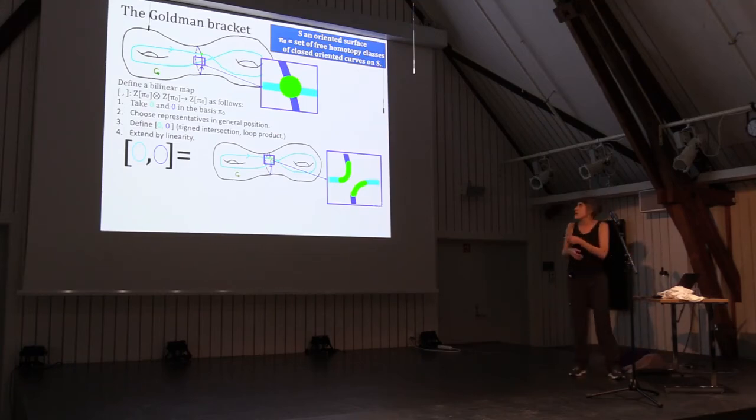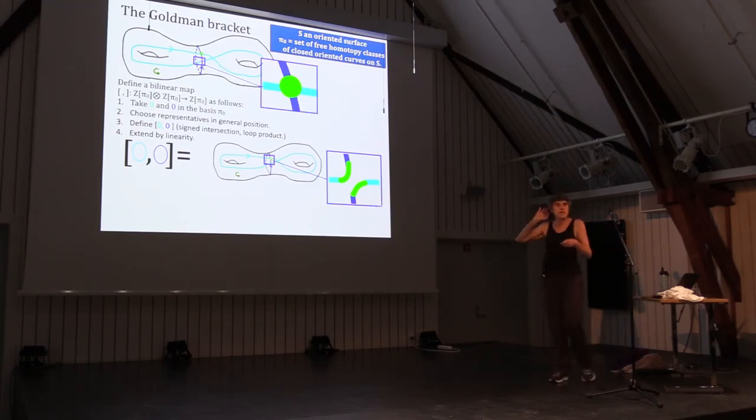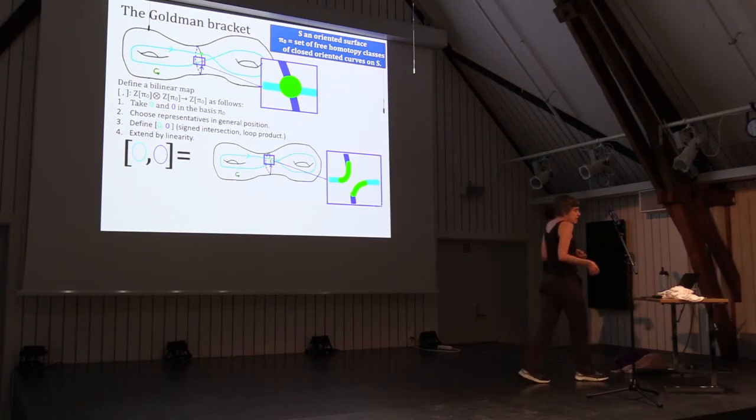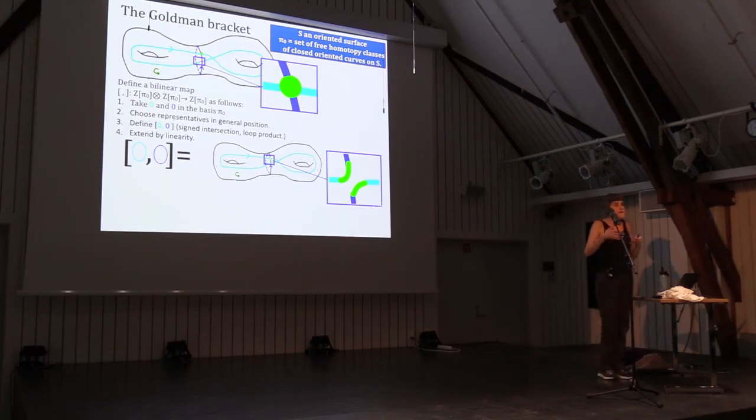You go at the green point, first around the light blue curve, come back, and then go around the dark blue curve, come back, and this defines a new curve. I take the free homotopy class of that. That's the free homotopy class of that term, and I put a sign comparing the orientation of the surface with the orientation defined by these two oriented tangents of the two curves there.